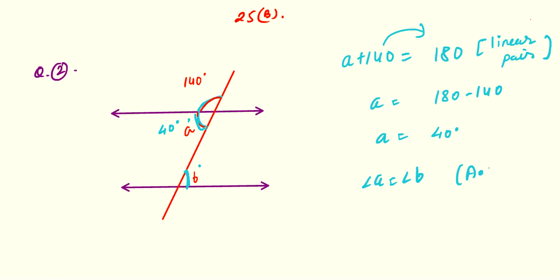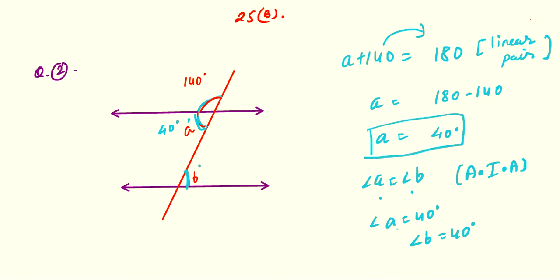I'm writing just in short, but you have to write in full. So angle A will be equal to angle B. If angle A is 40 degree, that means angle B is also 40 degree. So this is your required answer, where A equals 40 and B is also 40.